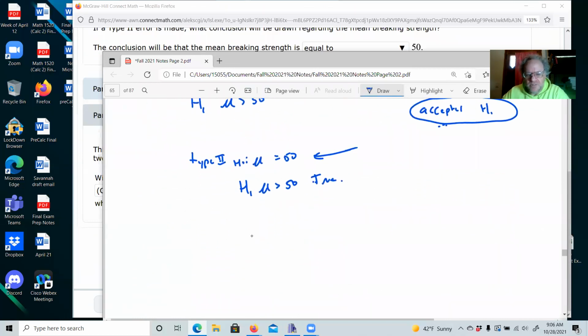If we do H0 mu equals 50 and HA mu is not 50, sometimes this is appropriate. If you're the quality control person, you want to know whether it is the amount we said it was, because it can't be too much over, but it can't be too much under.